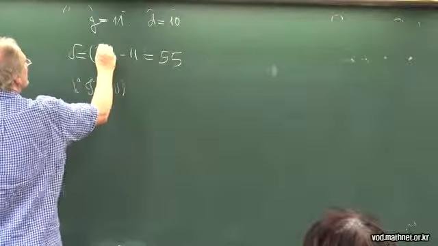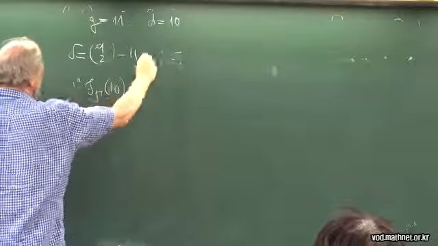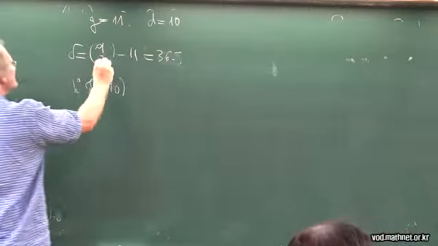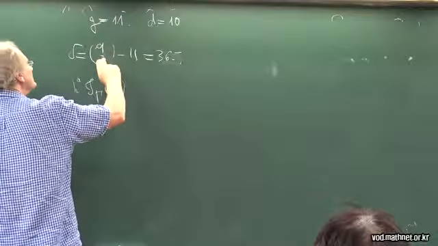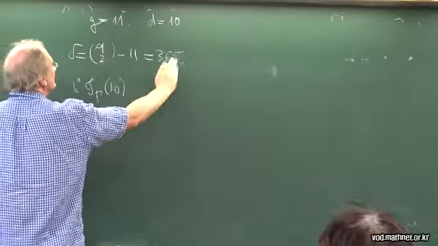D minus 1 is 9, 9 choose 2 is 36... Double point, this is correct. I can't compute very well. I should do it slowly. 9 times 4 is 36, you agree with me? Minus 11, which is going to be 25, right?